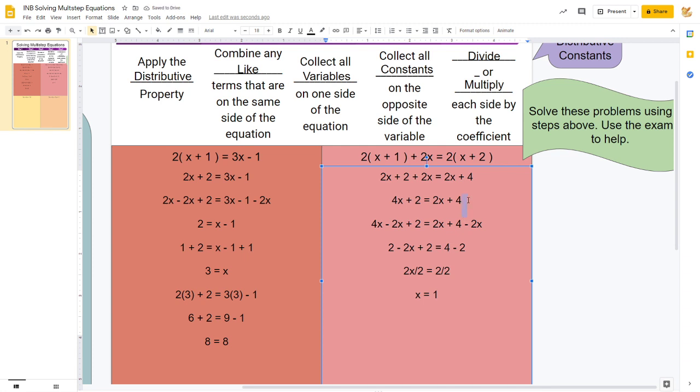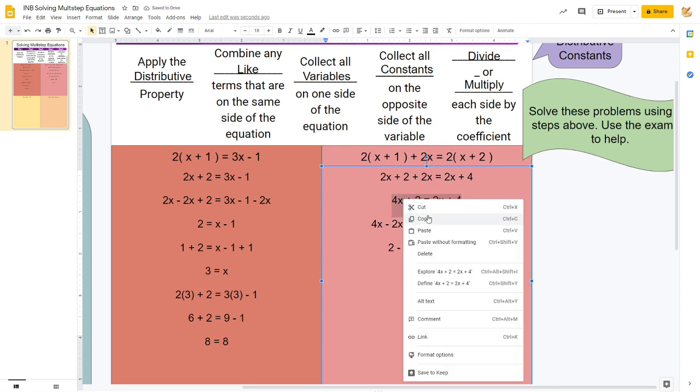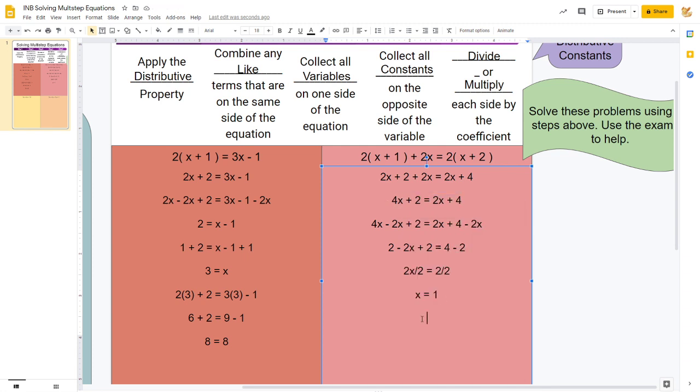And again, we're going to check it. We're going to check it with this one right here, where after we combined all the like terms, and instead of x, we're going to have 1. And now we just use order of operations. So there's no parentheses, or at least nothing we can do inside the parentheses.